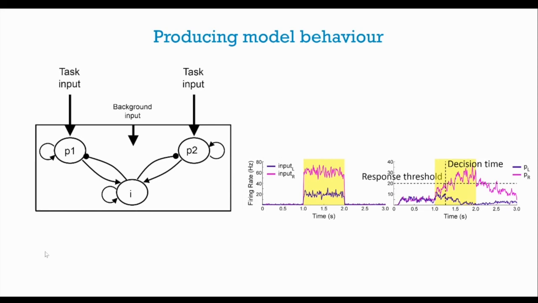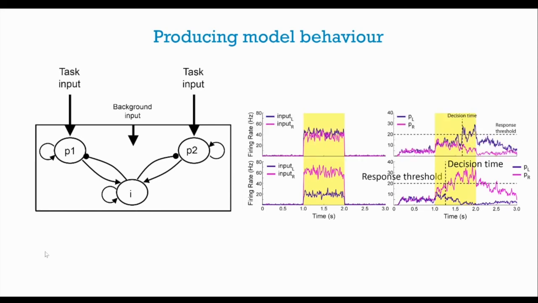We can obviously simulate a case where the input differs. So here you now see the example on the top where both populations receive the same input more or less. And what you can then start to observe is that the dynamics in the network change profoundly, that the threshold we defined is reached at a much later stage, and therefore also the decision time occurs much later.